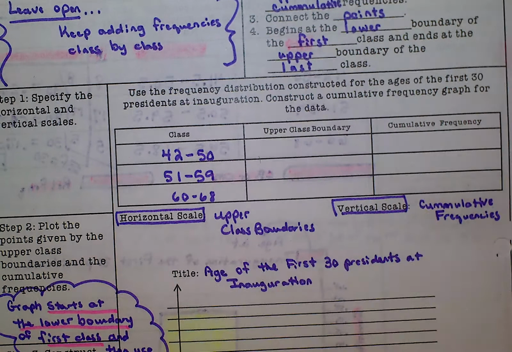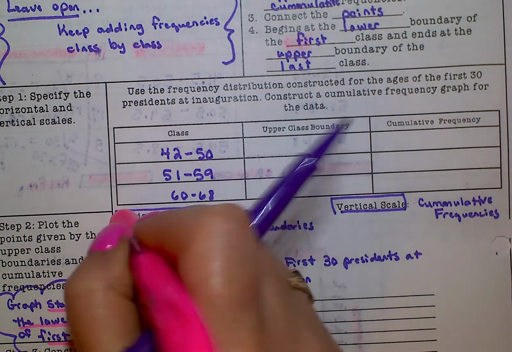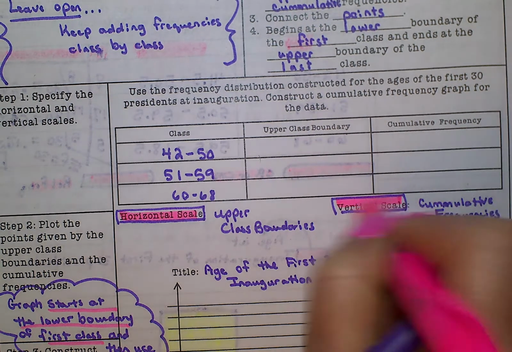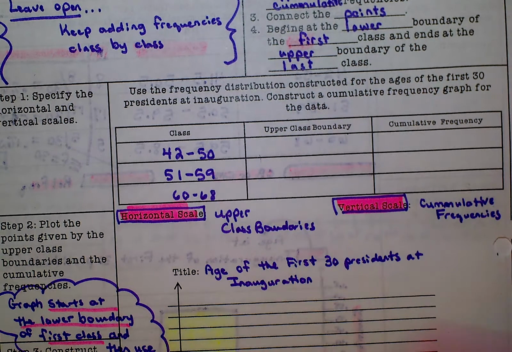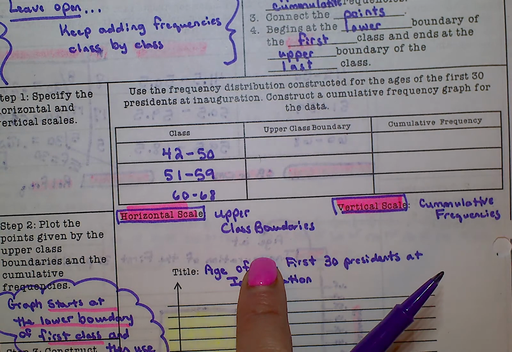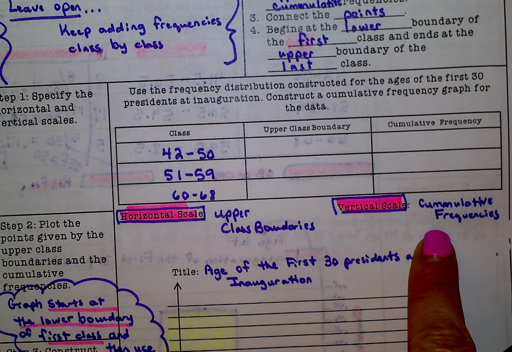Okay, and if you will add horizontal and vertical, upper class, cumulative frequency.